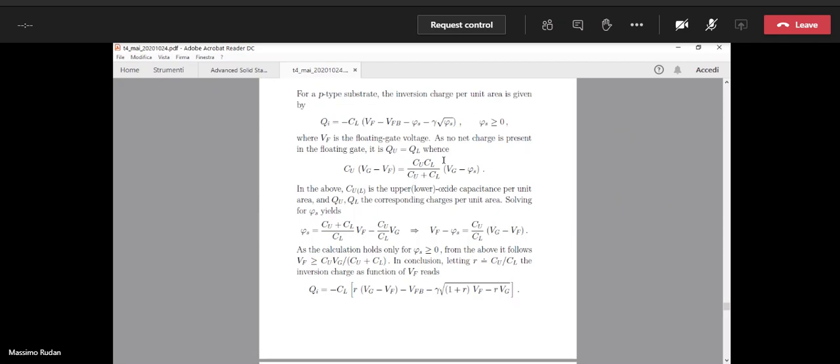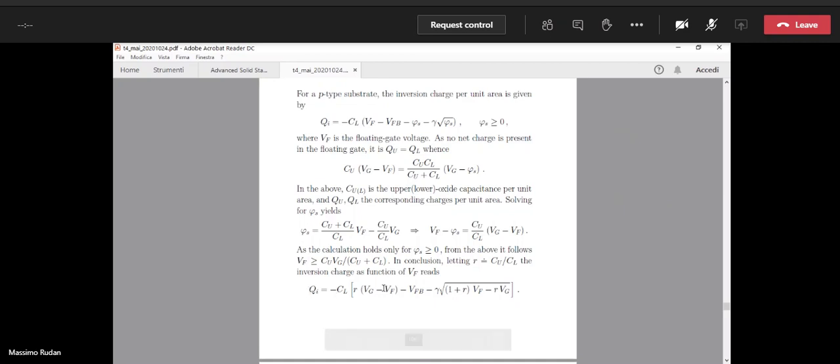Okay? So, conclusion, we have a connection between the floating gate voltage, Vf, and the charge, Qi, okay?